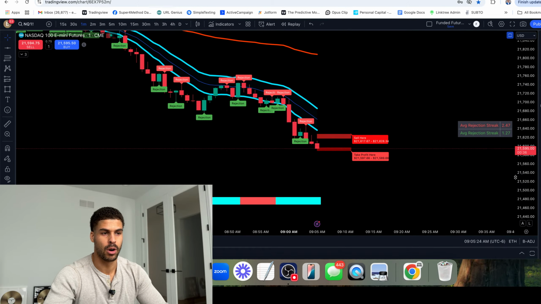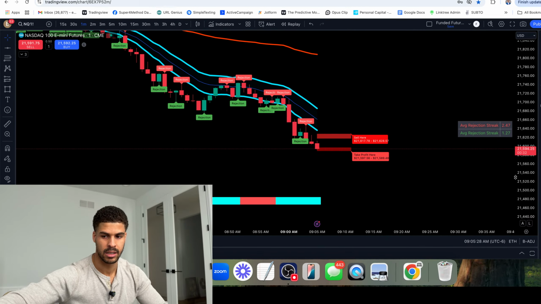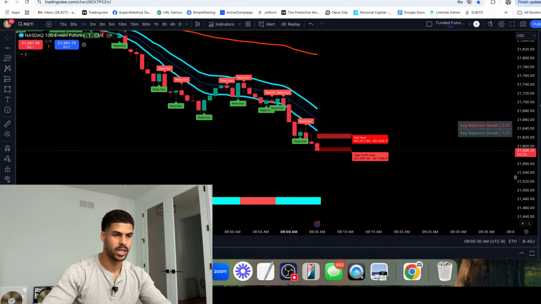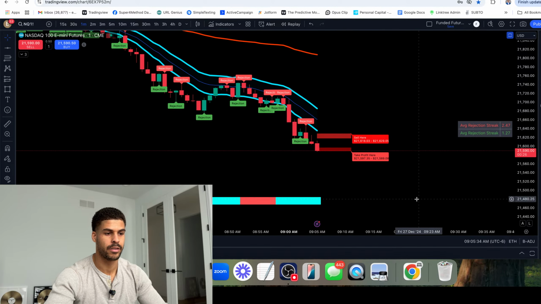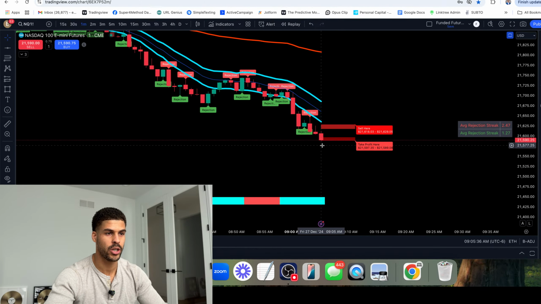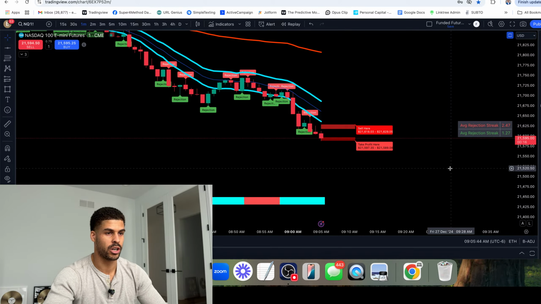I think that's a bit more of an appropriate term for the way that I see this and the way that I want you guys to use it when you have access to it. The reason is I don't want you to buy or sell at these tabs. Although some of these are really good entry signals, it's really hard to know which ones are good and which ones are bad. It's more for reference.